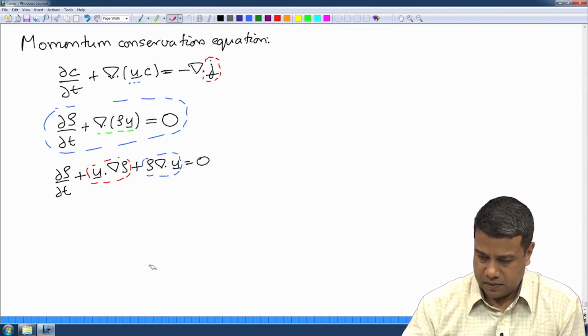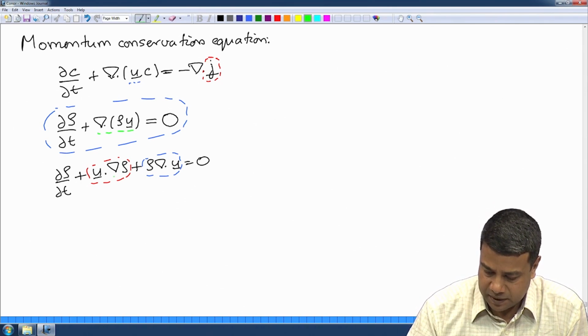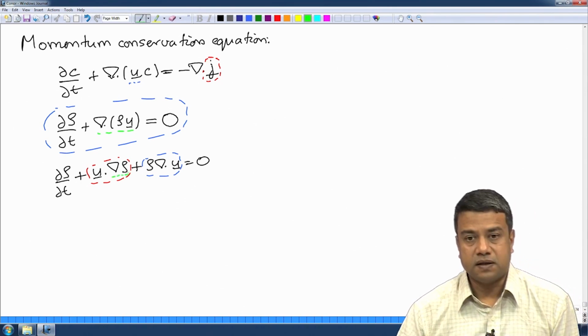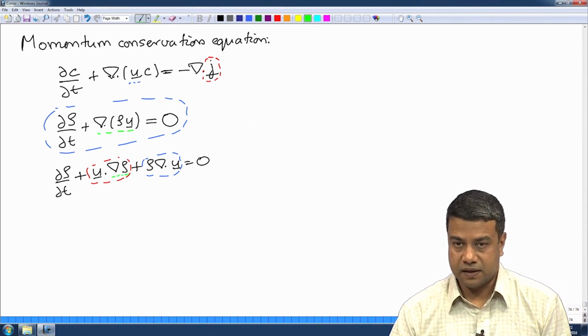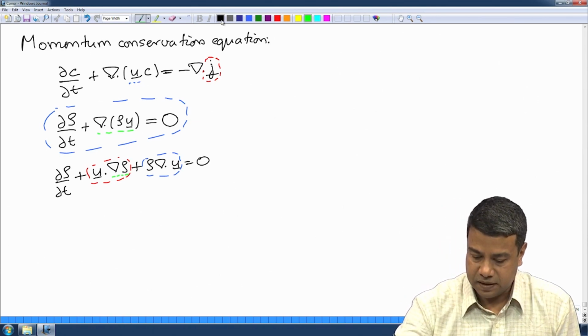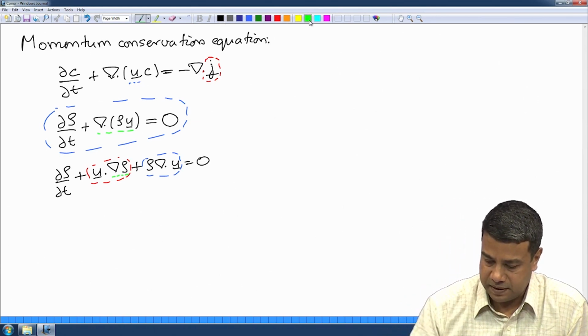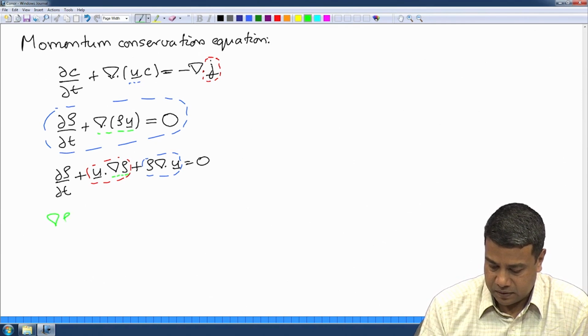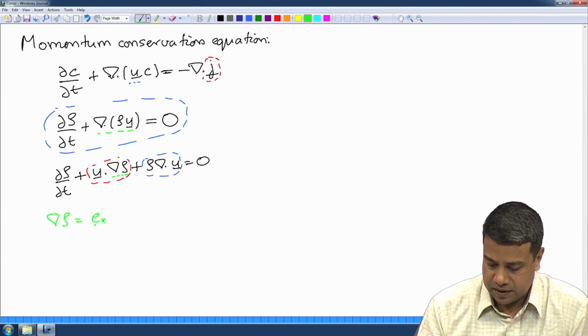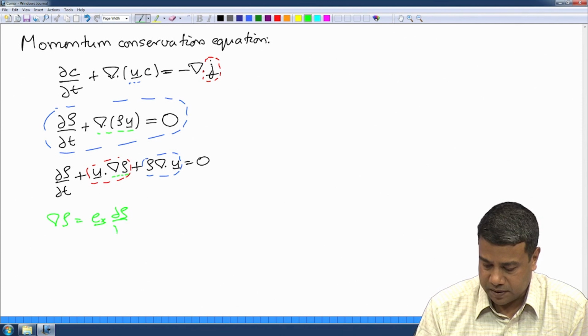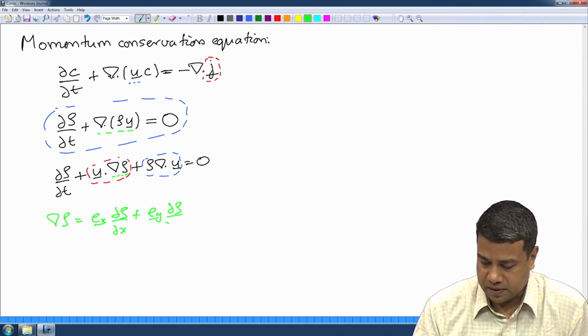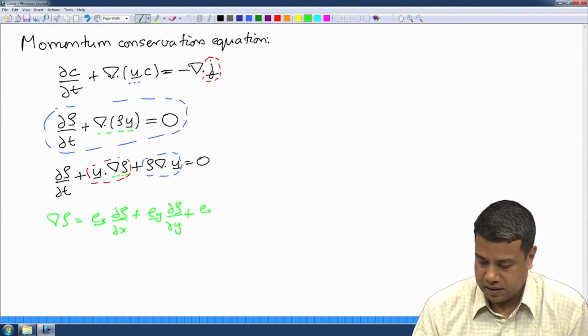It is important to note that this operator here is a gradient operator, it is acting on a scalar. That first operator is basically grad rho is equal to Ex partial rho by partial x plus Ey partial rho by partial y plus Ez partial rho by partial z.